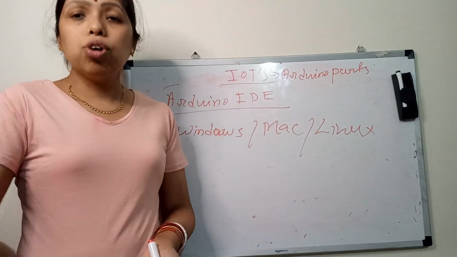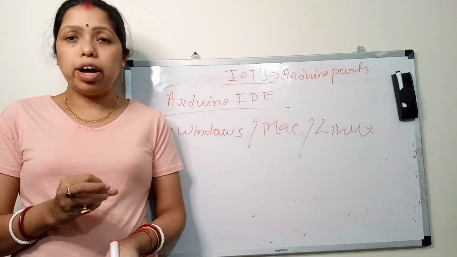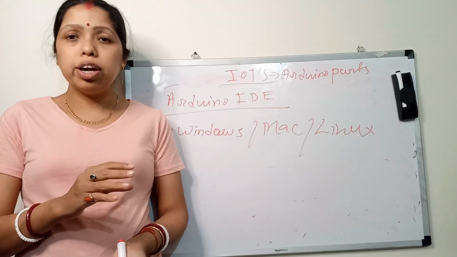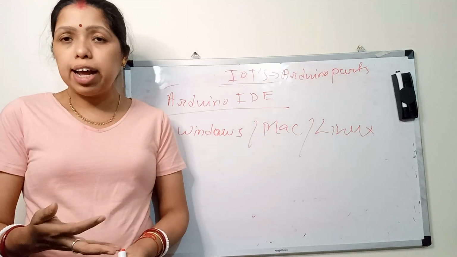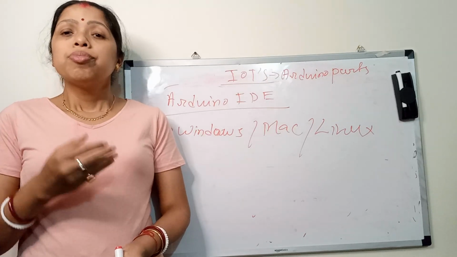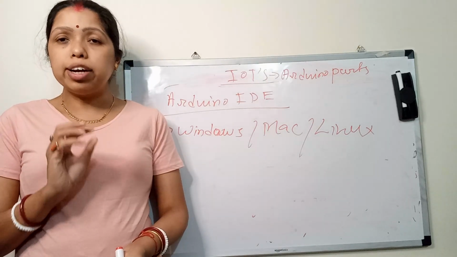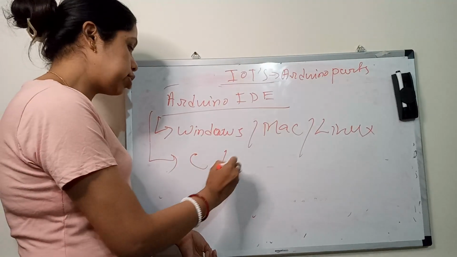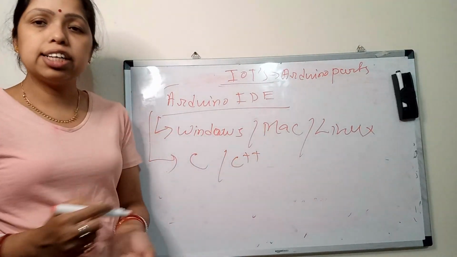In the case of the Arduino IDE, you can install it on a computer, which may be Windows, Mac, or Linux. After installing the Arduino IDE, you can write the code in it, which may be in C or C++, as I discussed in the last class.